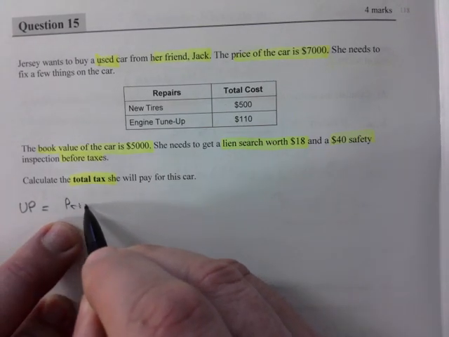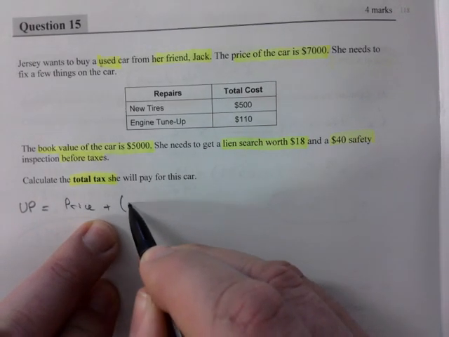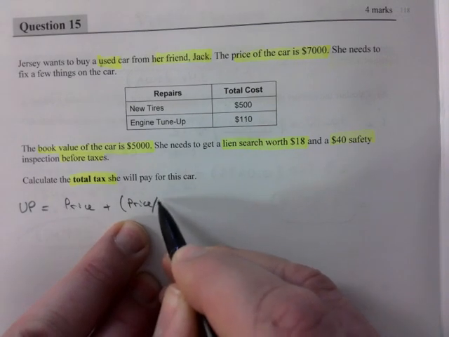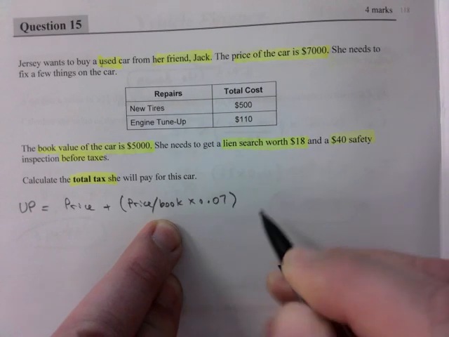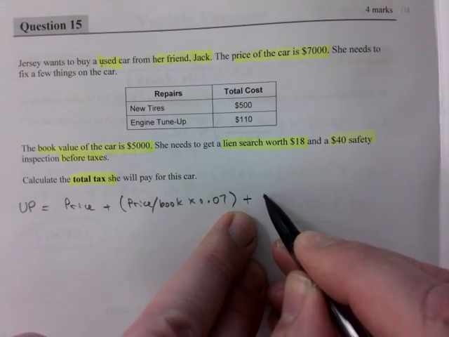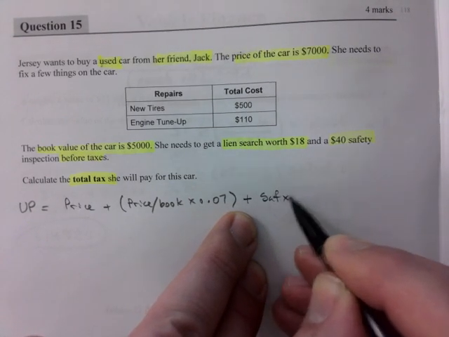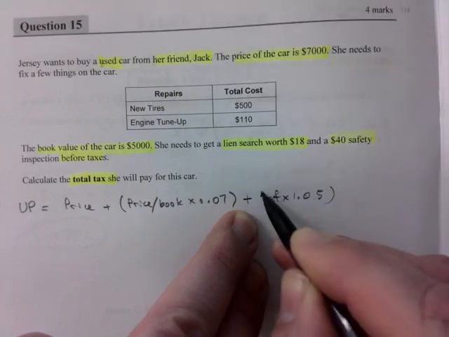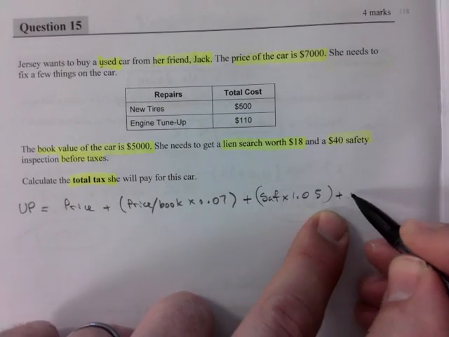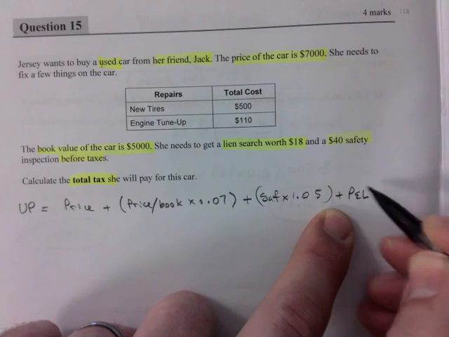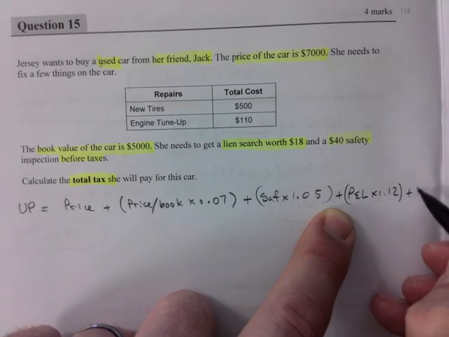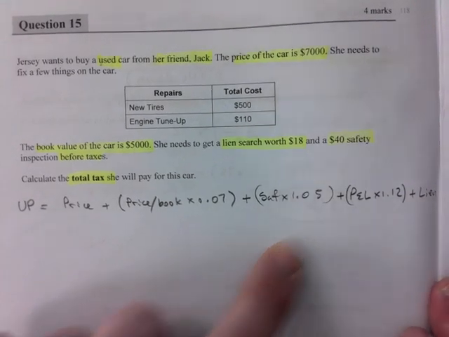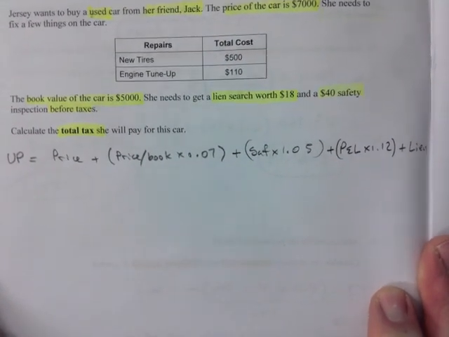So this is the price plus price slash book times 0.07, plus safety times 1.05, plus parts and labor times 1.12, plus lien, right? That is the use private component.